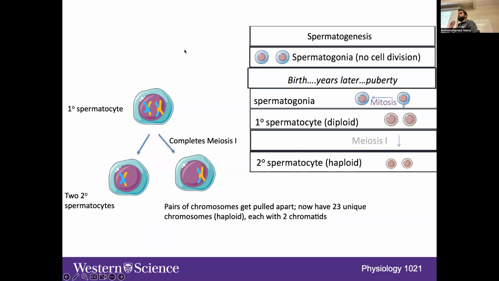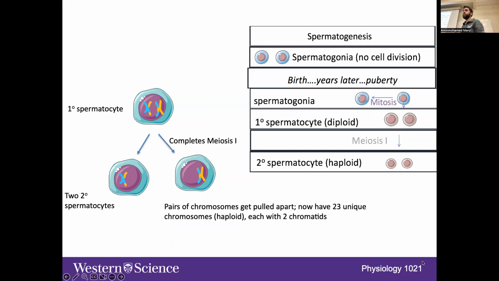Okay, so then that primary spermatocyte will finish meiosis 1, and that then gives rise to 2 secondary spermatocytes. Here we've divided. This is a big distinction between meiosis and mitosis, by the way. What we've done is basically divided dad's chromosomes and mom's chromosomes from each other. They're the homologous chromosomes, if that rings a bell to anyone.